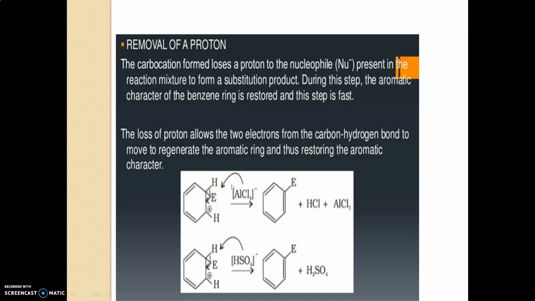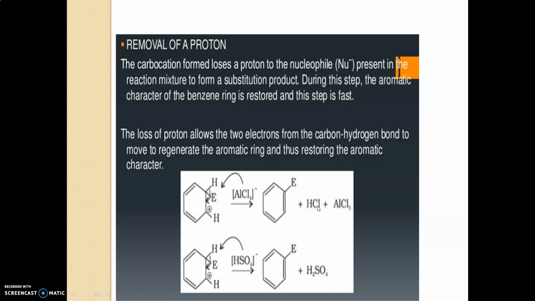We know in the first stage there is the formation of the electrophile, and the Lewis acid gives AlCl4 minus. It has a minus charge, and hydrogen has a positive charge. So this hydrogen will attach to the Cl4 minus, and the bond shifts here. Again we get the delocalized structure, and there is regeneration of the Lewis acid, and we get HCl.